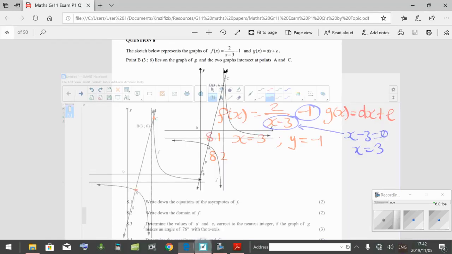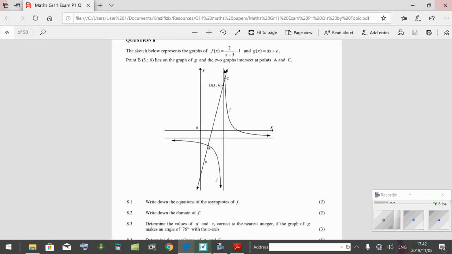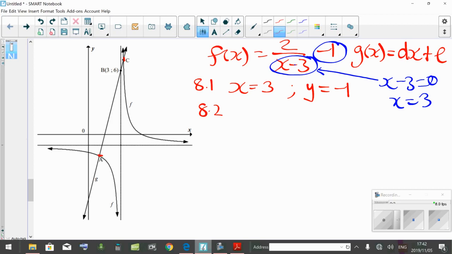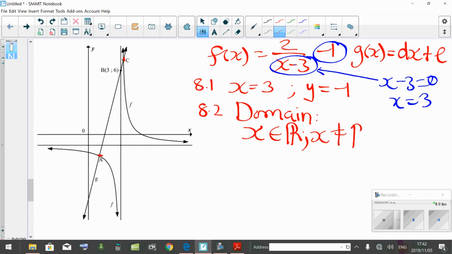Next question. Write down the domain of f. Now you may scroll back, but remember that domain refers to x values, and we said for a hyperbola, your domain is x element of R, and x is not equal to p.